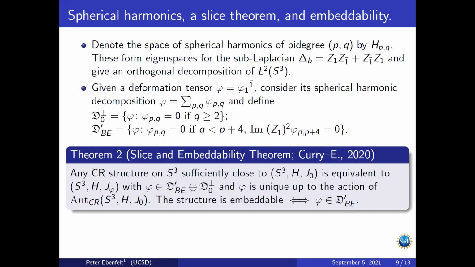So that's the slice theorem part. Now the embeddability part is that you can exactly describe the embeddable ones. The submanifold of the embeddable ones are the ones that are supported exactly here, that is, all these components.